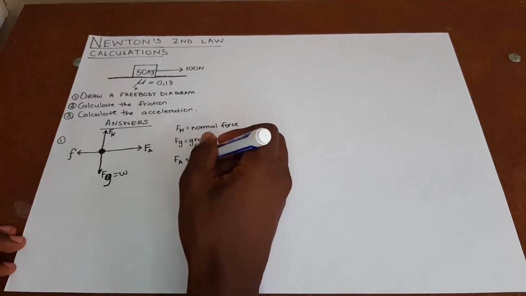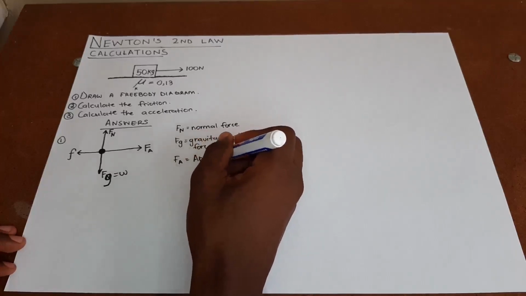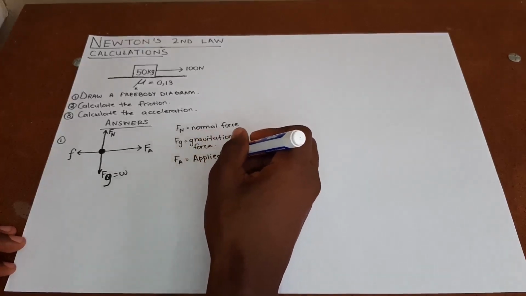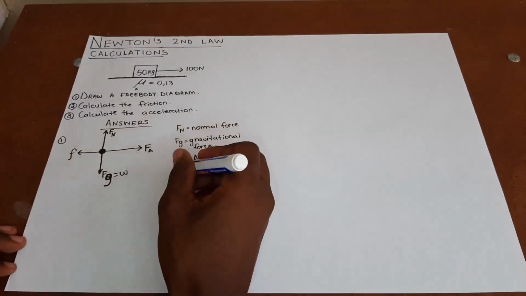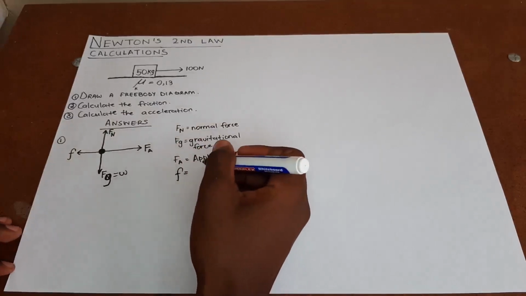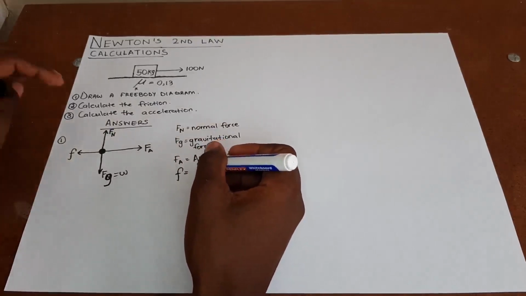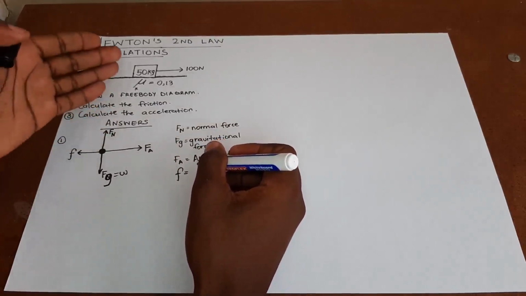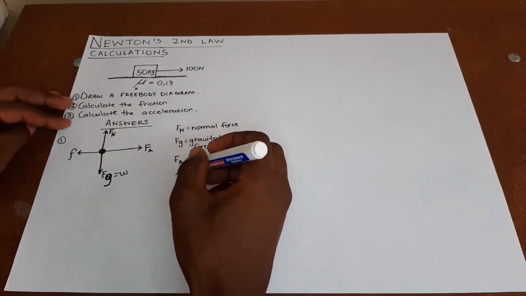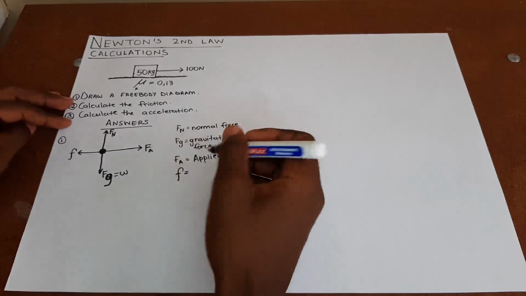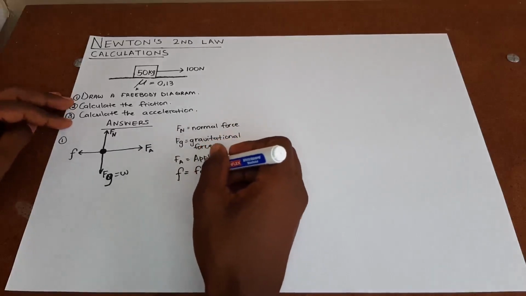This is the applied force, which is 100 newtons. And this is the frictional force. It can be kinetic frictional force or static frictional force, but in this question it is kinetic frictional force because the object is moving.